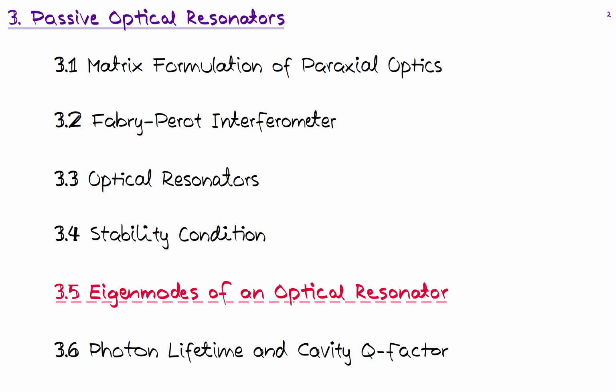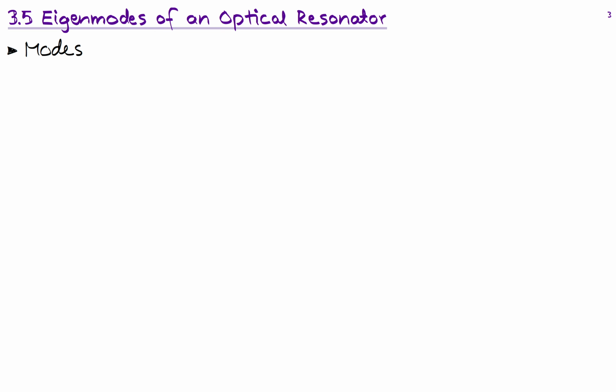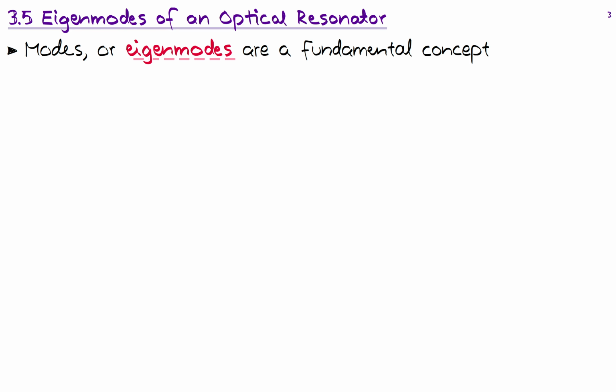So many things we will be covering in this lecture, so please pay attention and try to follow me through the materials. Let's start with a very brief introduction on the topic. Modes in general, or eigenmodes to be more strict about the terminology, are an extremely important, fundamental concept in physics in general.